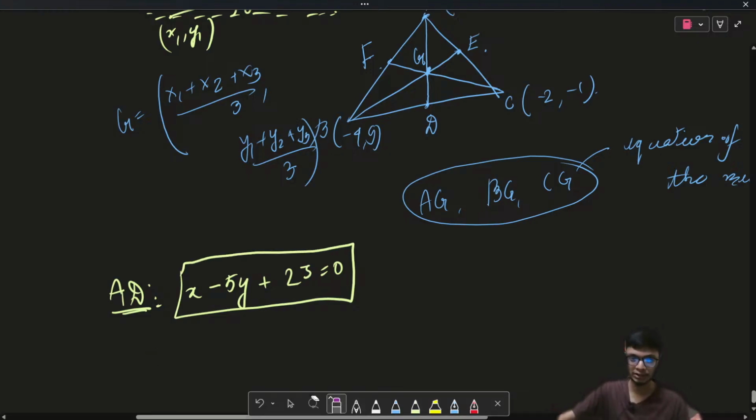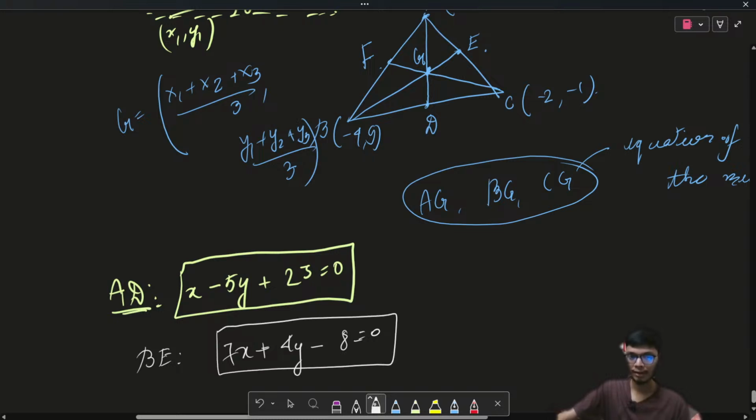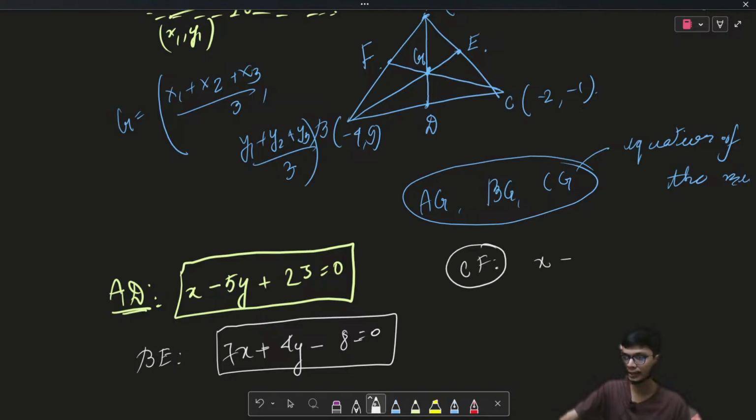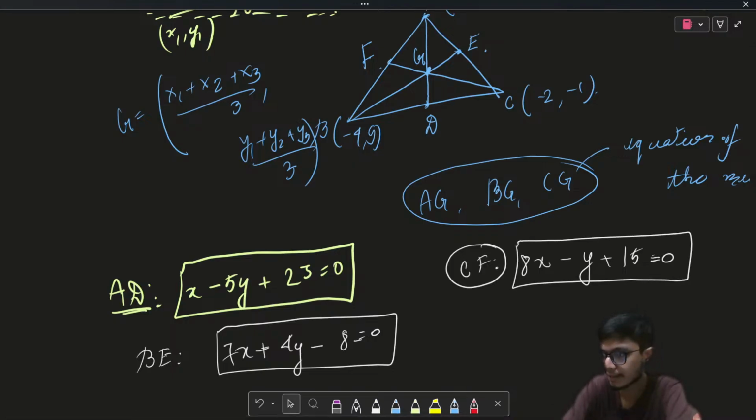Similarly, the median BE will be 7x plus 4y minus 8 equals 0. And the median CF will be obtained as 8x minus y plus 15 equals 0. So these are the three equations of the medians that you will obtain. I hope this is clear to all of you.